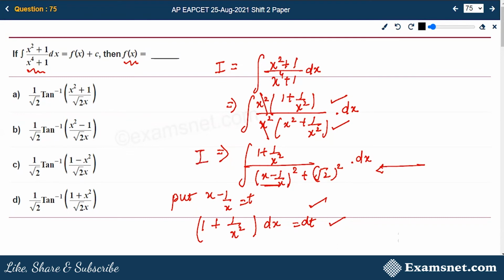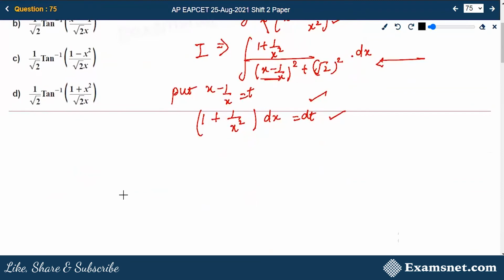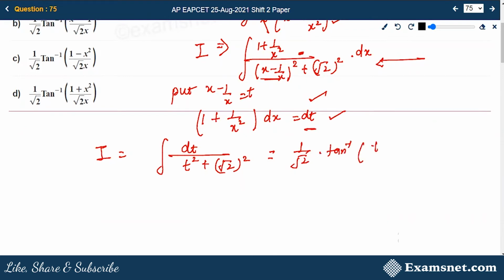Now I'll put both of these values in this equation. So I is equal to the integral of dt upon t square plus (under root 2) square. This is equal to 1 by under root 2 into tan inverse t upon under root 2 plus c.